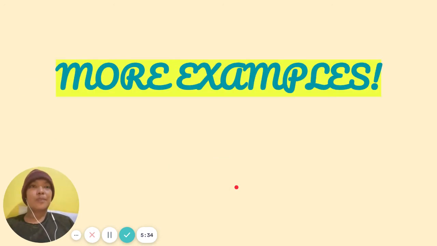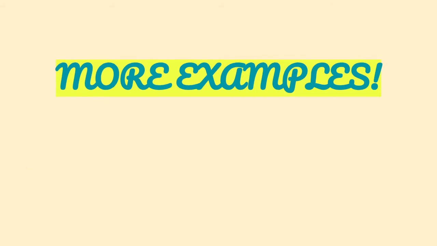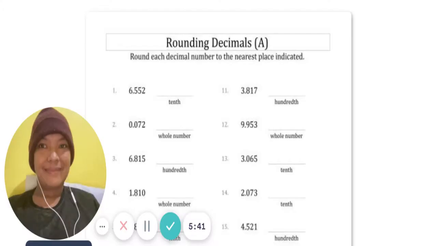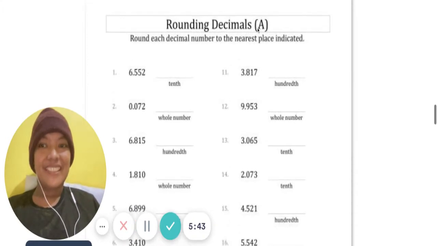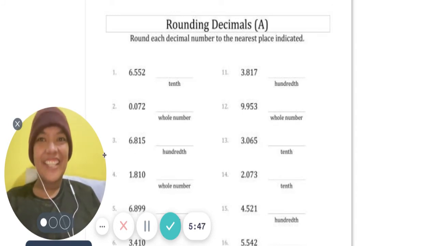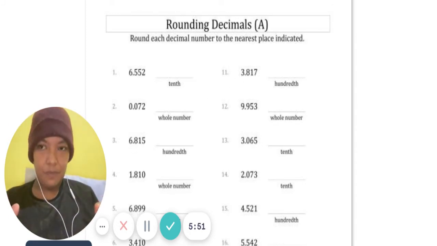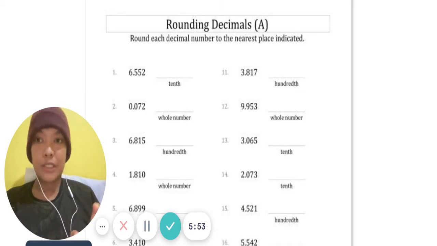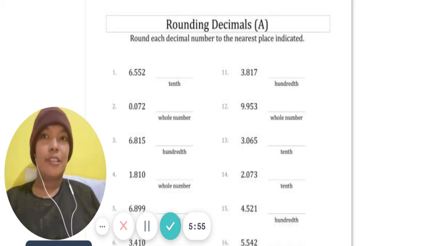So, more examples po tayo. Okay, so rounding off decimal. So, I'm just using the examples in the net. Okay, so rounding, we will be answering at least 10 numbers.